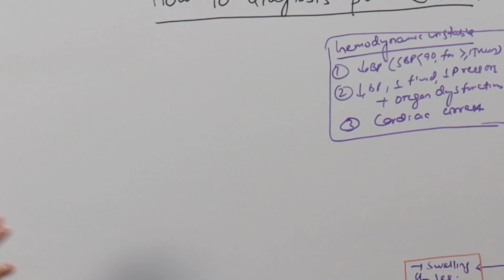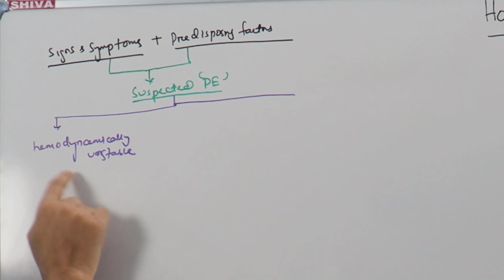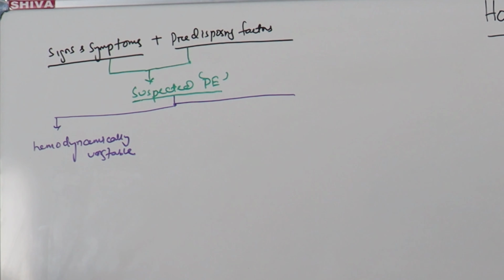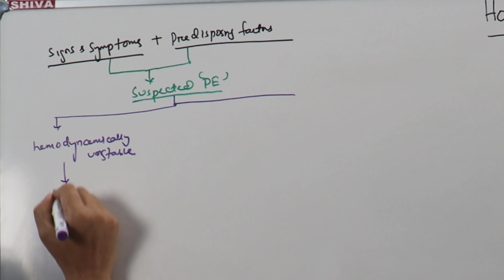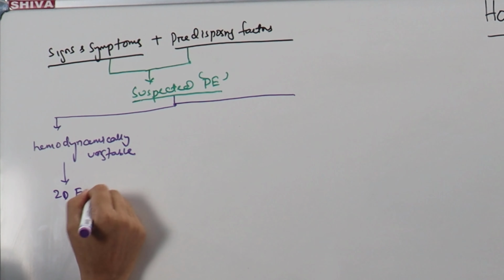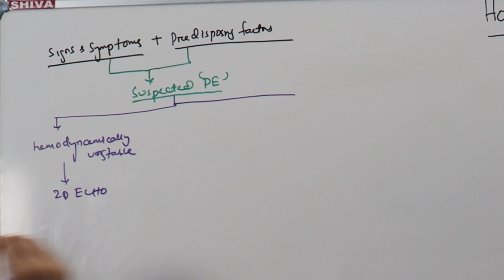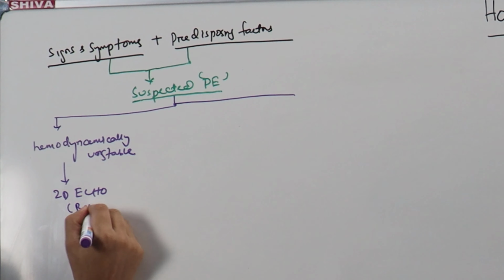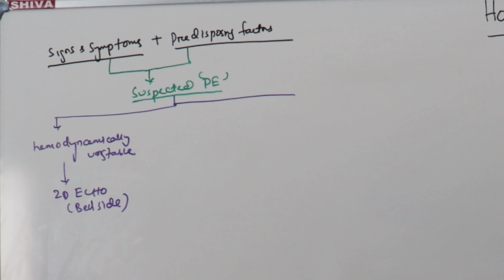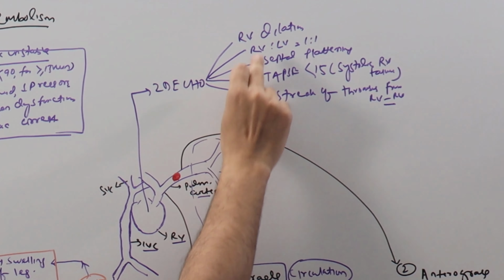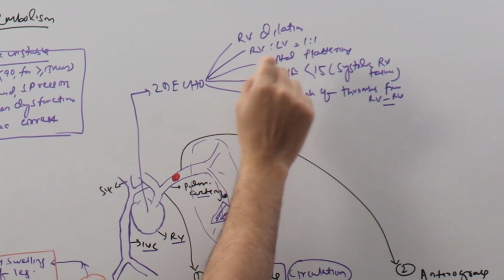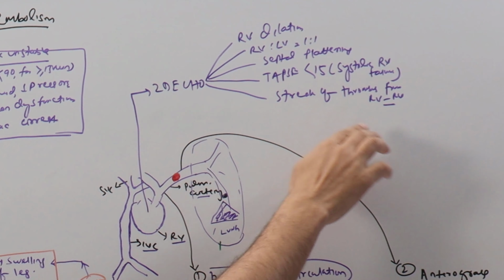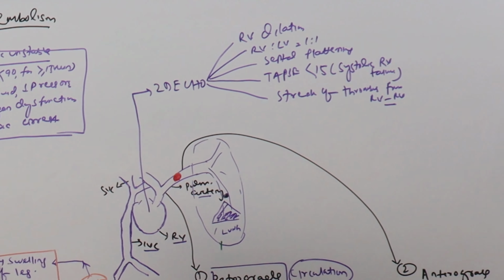So once one of the three criteria is present and the patient is hemodynamically unstable, it is at that time you do a 2D echo. Because you do not have time to investigate the patient, what you can do best is to do 2D echo at the bedside. In the 2D echo, we can find what we have discussed here: RV dilatation, RV to LV 1:1, septal flattening, TAPSE less than 15, or streak of thrombus from RA to RV.